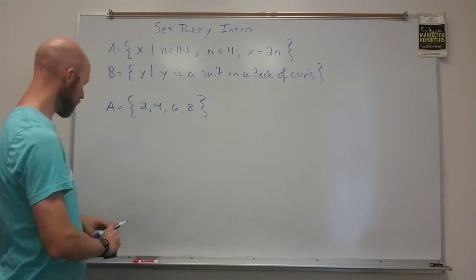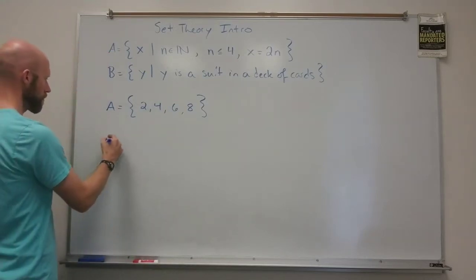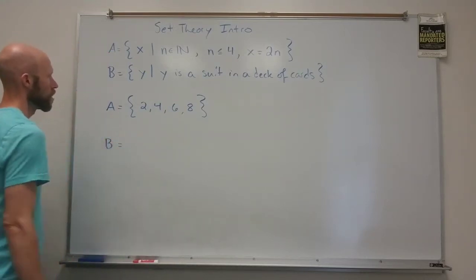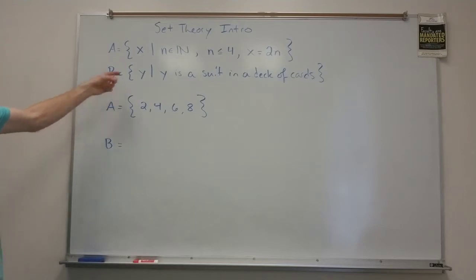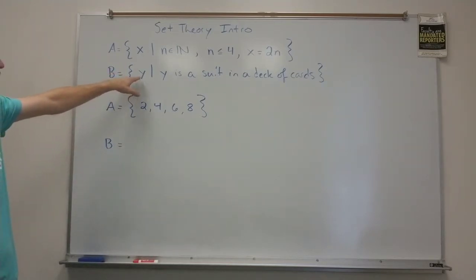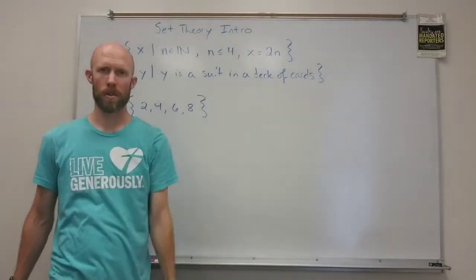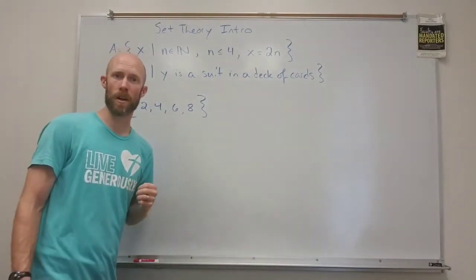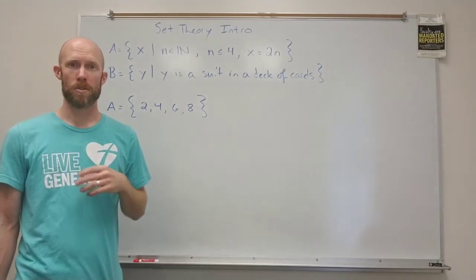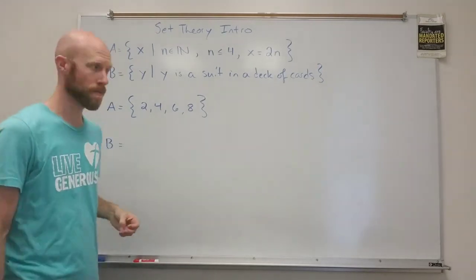Okay. Now let's look at B. B, these are all values of y, such that y is a suit in a deck of cards. Well, there are 4 suits in a deck of cards, right? There's spades, clubs, hearts, and diamonds.